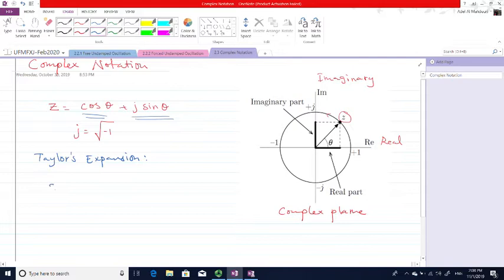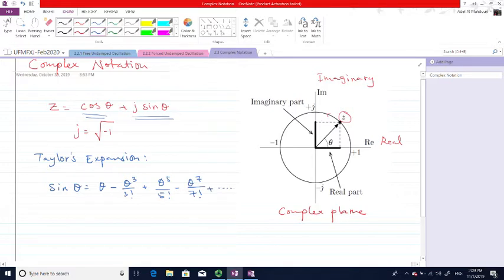The Taylor expansion of sine theta is theta minus theta to the power 3 over 3 factorial plus theta to the power 5 over 5 factorial minus theta to the power 7 over 7 factorial, and so on.